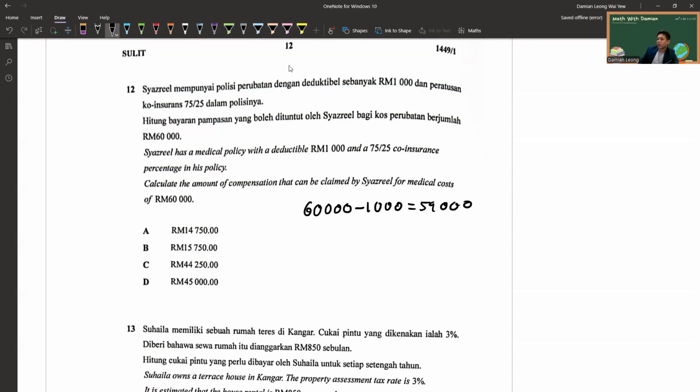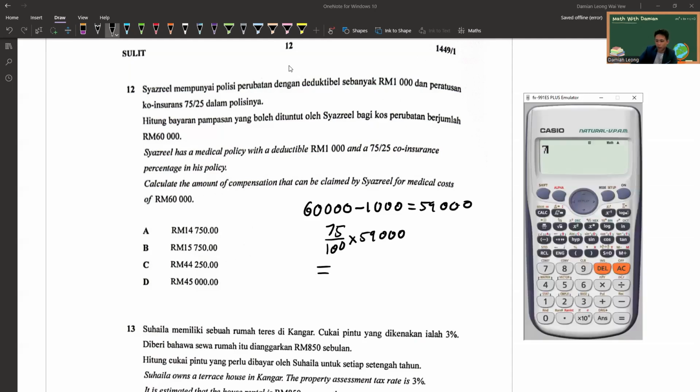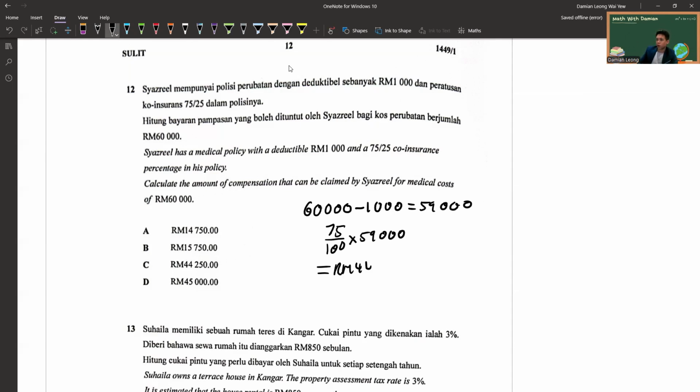Then we take the 59,000 to split. 75% will be borne by the insurance company. So 75% times 59,000, we get 44,250 ringgit. And that's the amount of compensation that Shazril can claim. The rest of 25% and the 1,000 will be borne by Shazril himself. Yeah, that's for question 12.